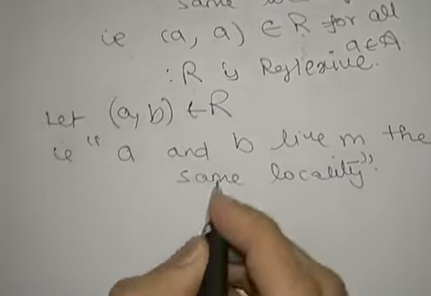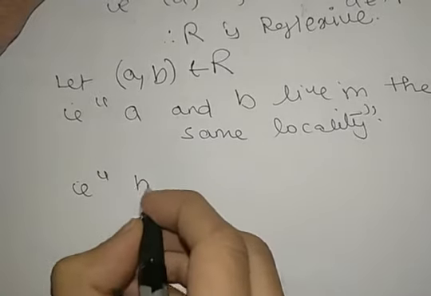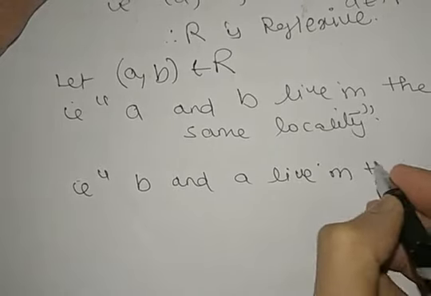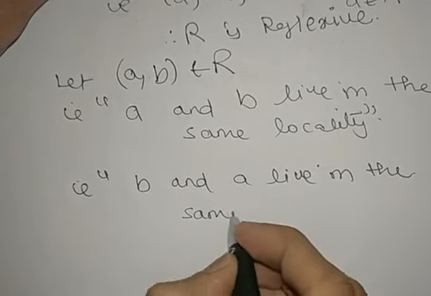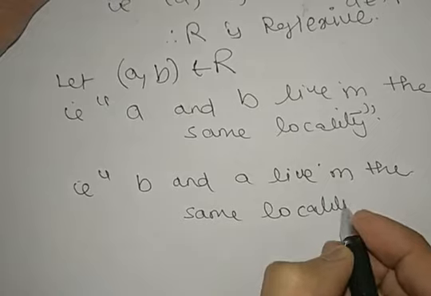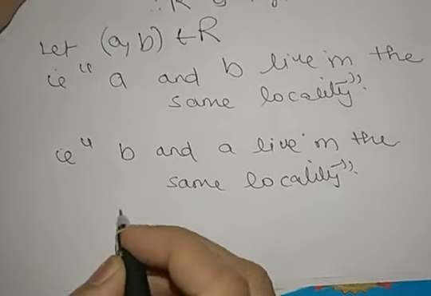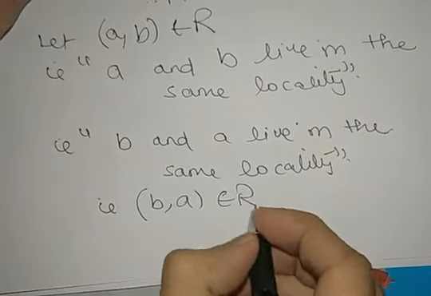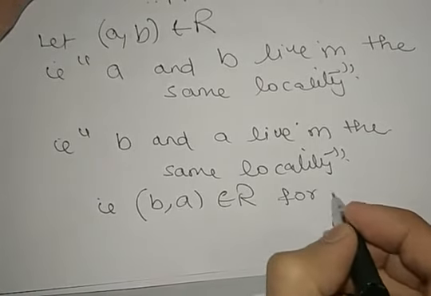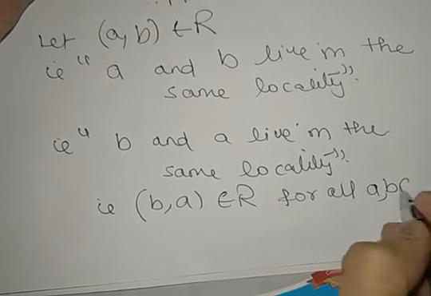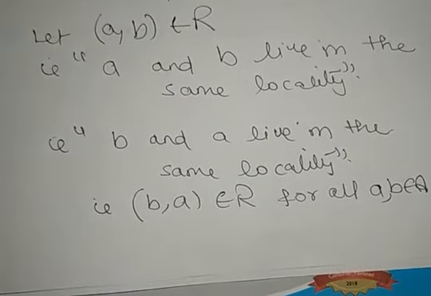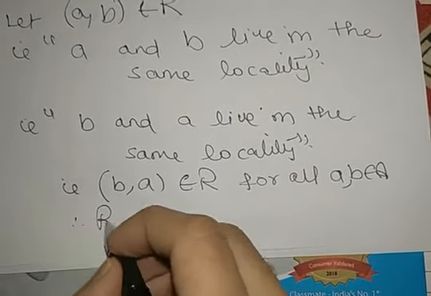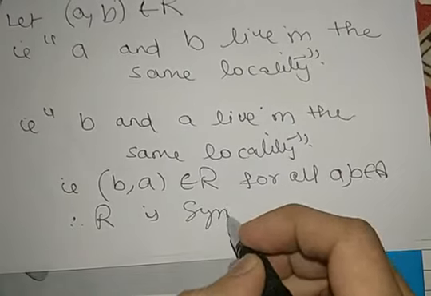So that is, b and a live in the same locality. So that is (b, a) belongs to R. And this is true for all (a, b) belonging to the set A. So what do we conclude? We conclude that R is symmetric.